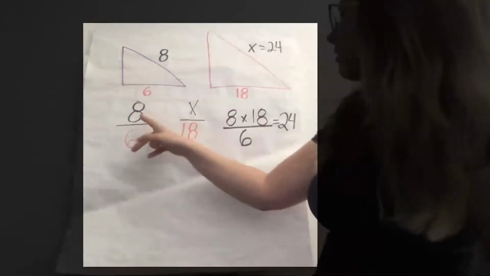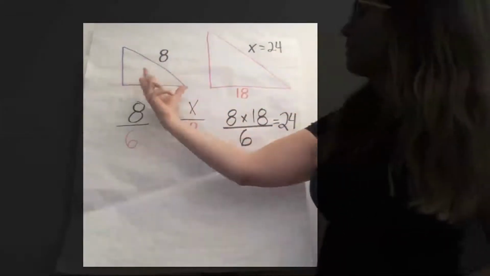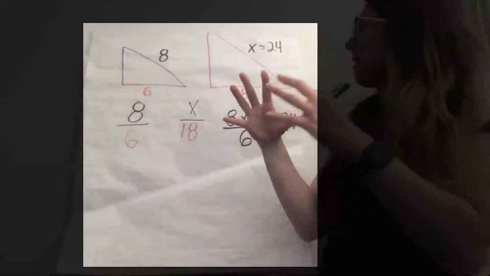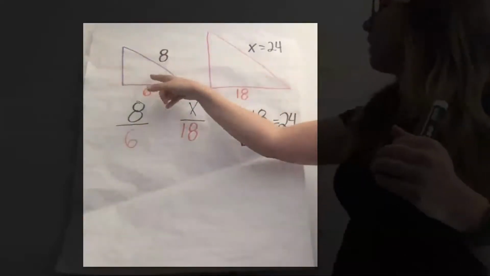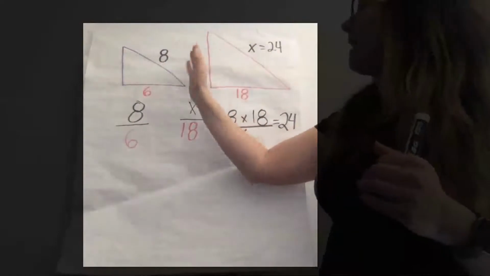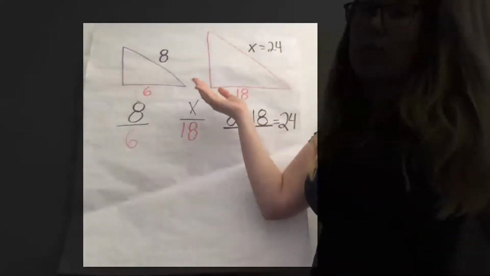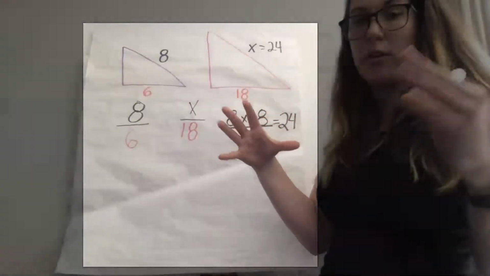And I could also check. 8 times 3 is 24. That makes sense. So if we wanted to take this triangle and make it bigger while keeping this proportional, it would just be multiplying this number by 3, this number by 3, and then whatever this side is, we don't know. But if we did, it would also be multiplied by 3 to make it proportionally bigger.